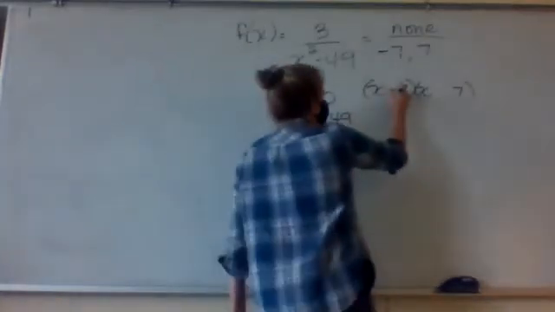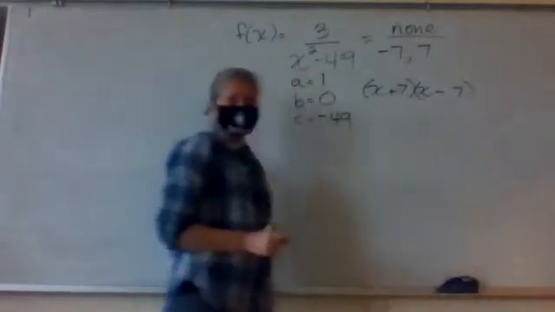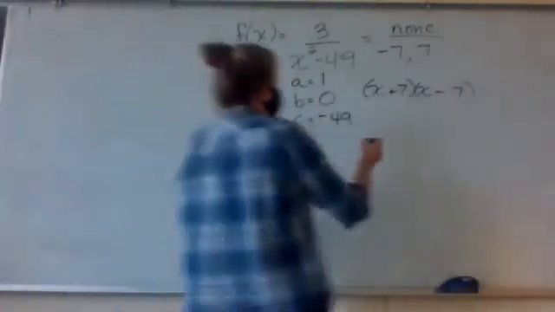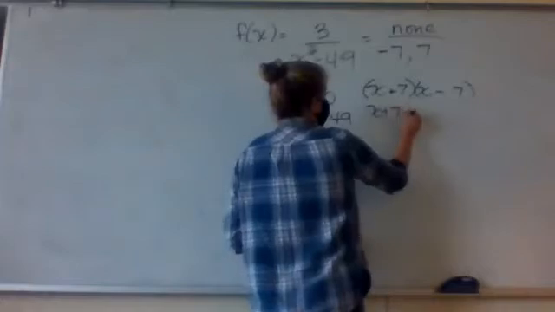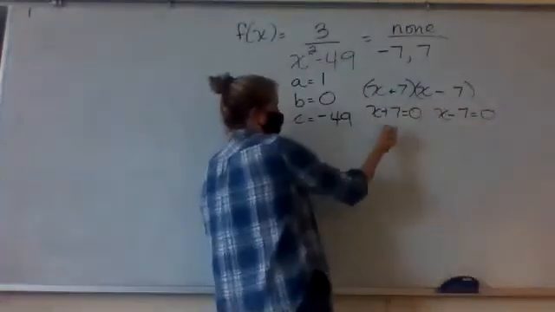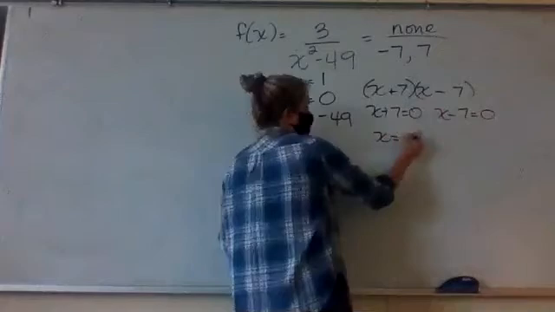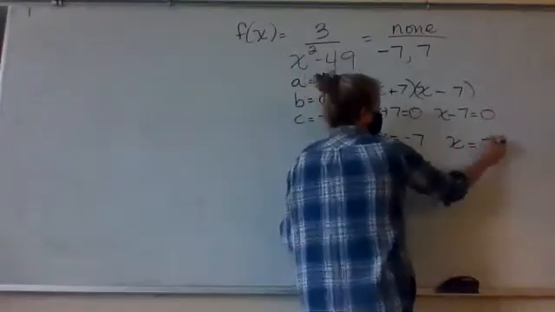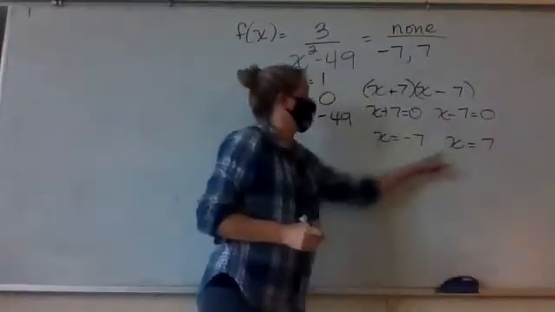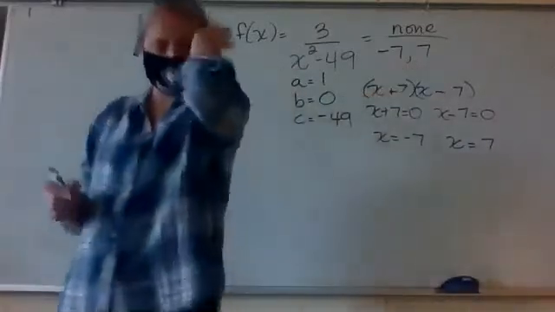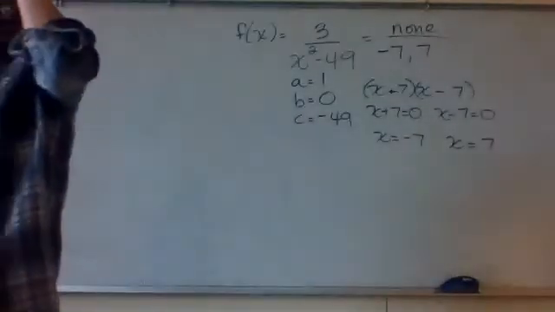Your signs when you are factoring difference of squares are always positive and negative. If you set these two factors equal to 0 and solve them for x by subtracting 7s here to get x equals negative 7, adding 7s on both sides there to get x equals positive 7. So that's how you would get the zeros of that denominator if you didn't have the quad program.